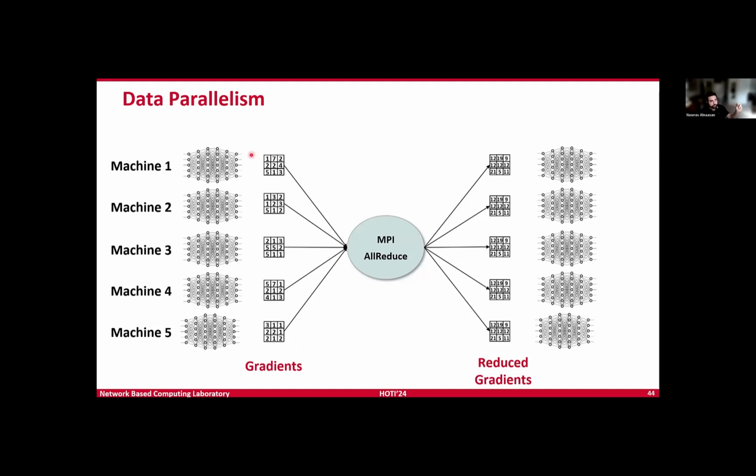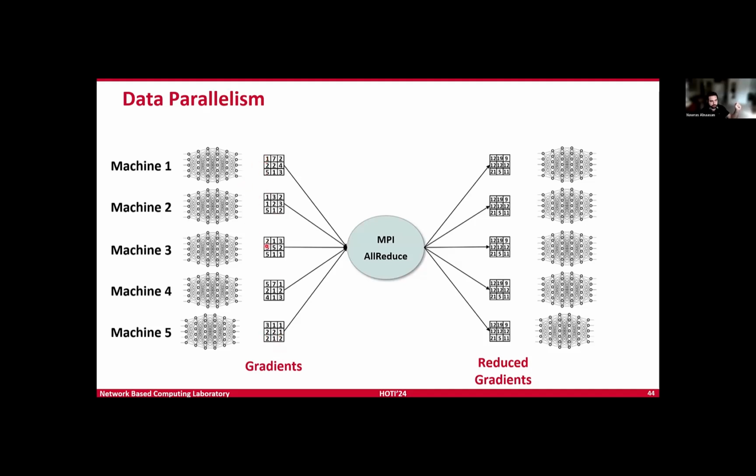So we have local gradients, different gradients on each machine, and we use MPI all-reduce to reduce these gradients, or sum them up, right? So it's a summation problem. If you see here, we start with different gradients, but we end up with the same gradients. And these values within this 3x3 table or matrix are the sum of the local gradients.